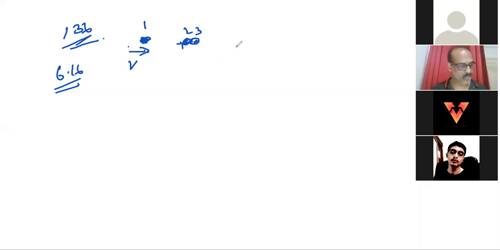First option: 1 will stop, and 2 and 3 will move, here velocity 0, and the velocity will be shared, v by 2.